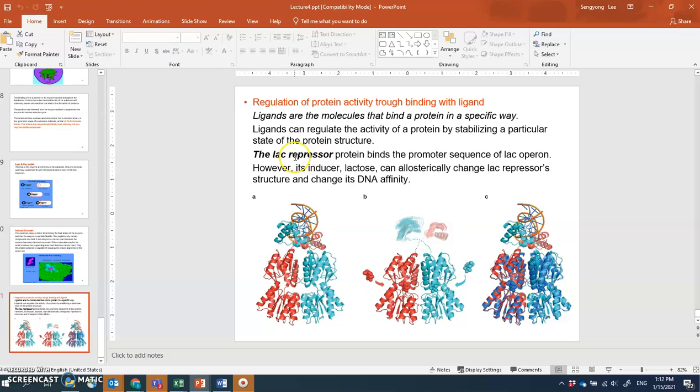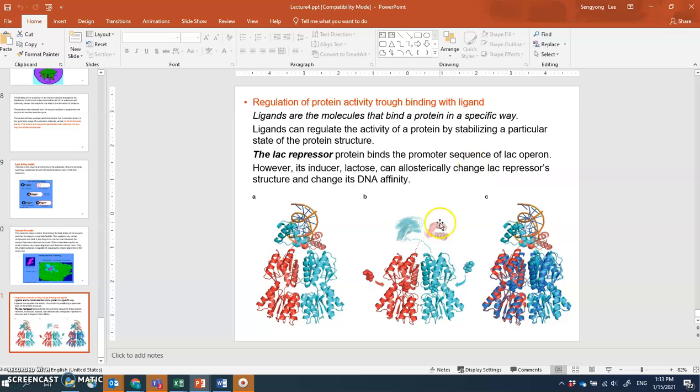But when this protein binds with the ligand, in this case a lactose molecule, coming here and binding on this repressor protein, that shifts the structure of the entire repressor protein, and that change will make this protein fall off from DNA, so that it doesn't bind with DNA anymore. We call that allosteric change.